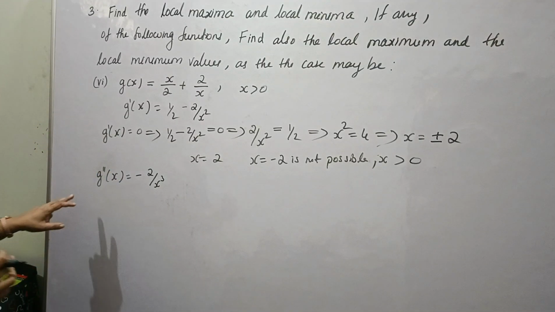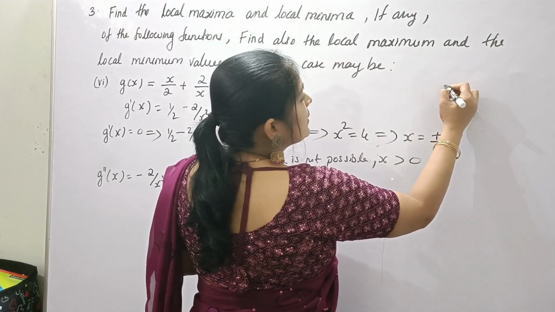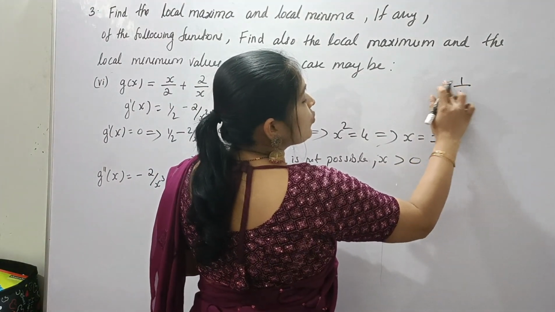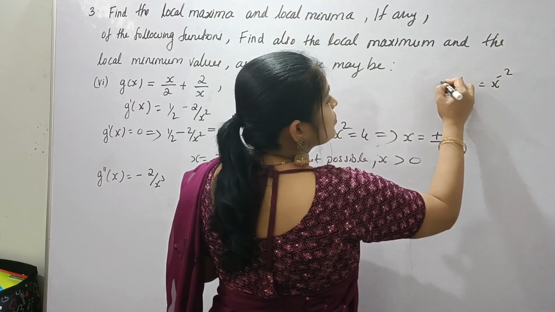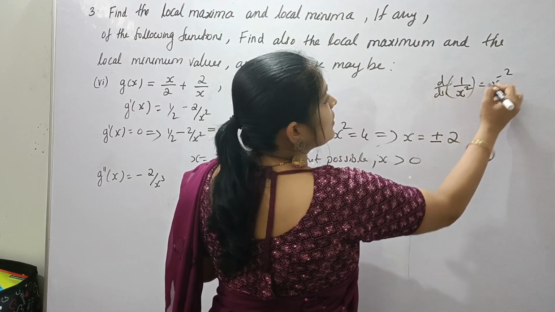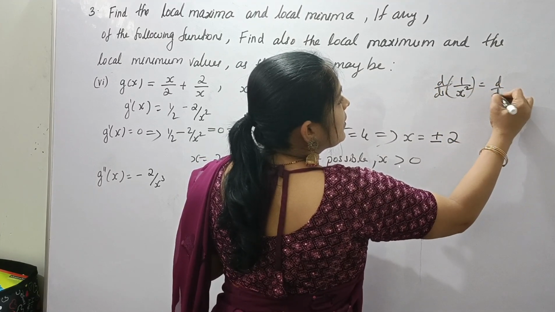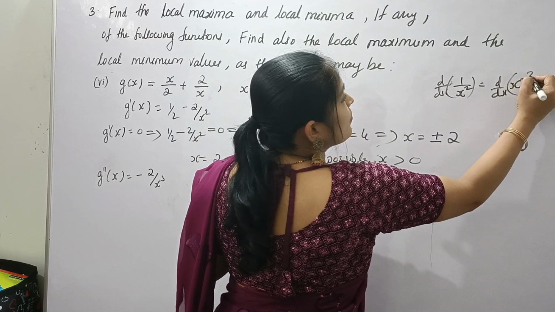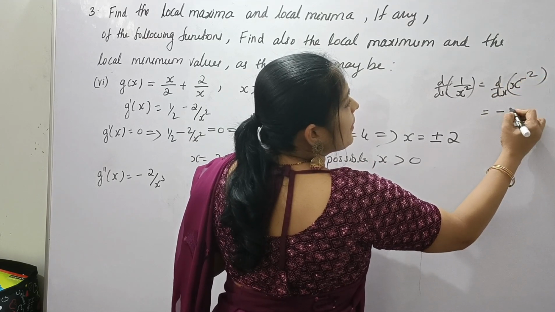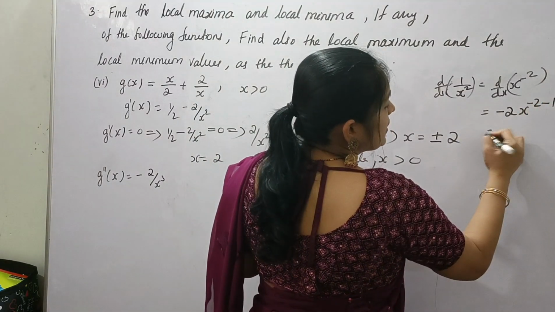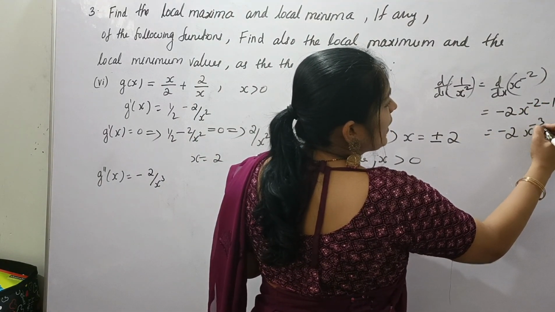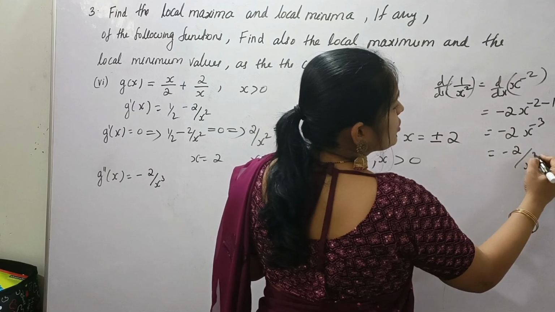The derivative of 1 by x square is nothing but x raised to minus 2. Okay, d by dx of x raised to minus 2 is minus 2 into x raised to minus 2 minus 1, that is minus 2 into x raised to minus 3, that is minus 2 by x cube.